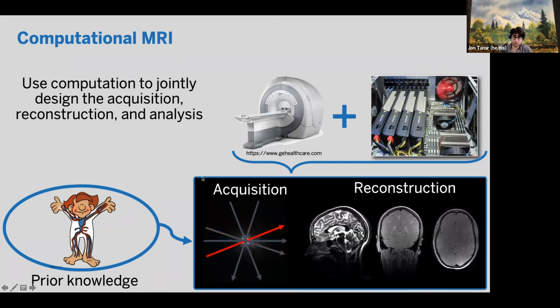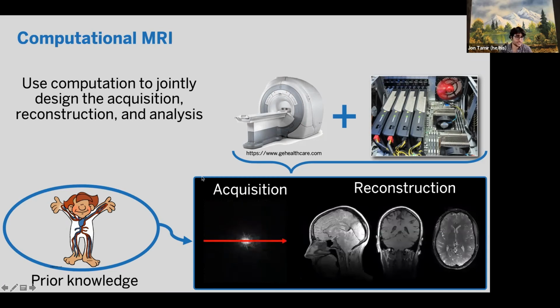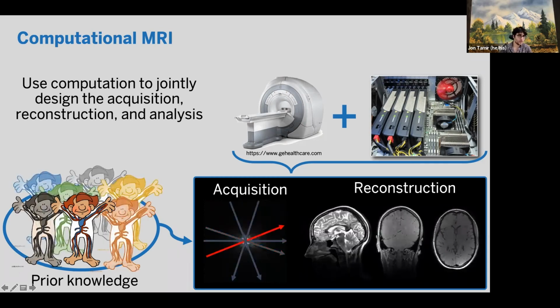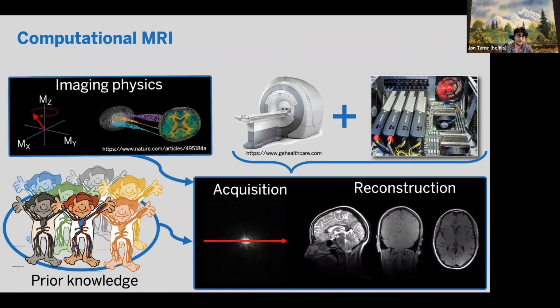But we don't just use the prior knowledge of who we're scanning at this instance. We also use the combined prior knowledge of all of the previous scans that we have. And we combine this with the imaging physics.